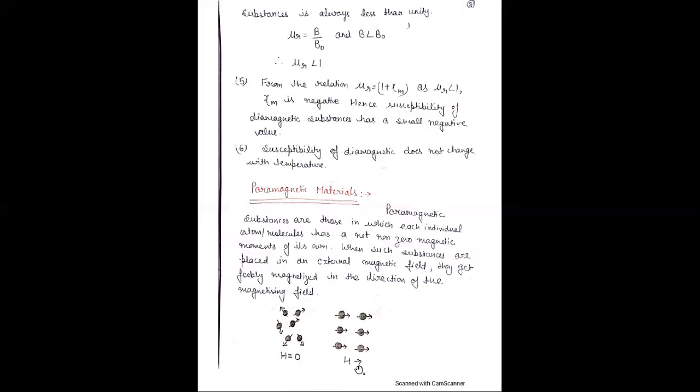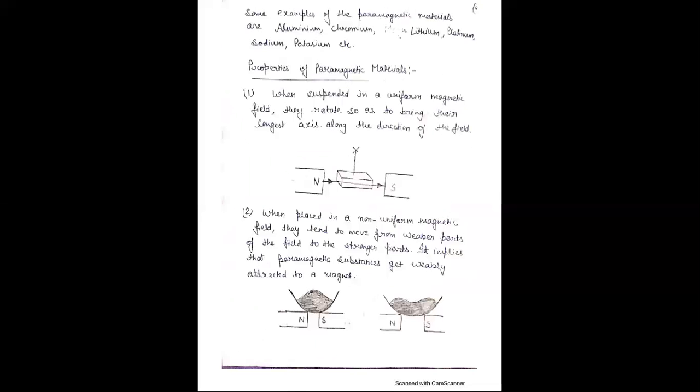When a magnetic field is applied, the dipoles align in the direction of the field, so it is feebly magnetized in that direction. Some examples of paramagnetic materials are aluminum, chromium, lithium, platinum, sodium and potassium.